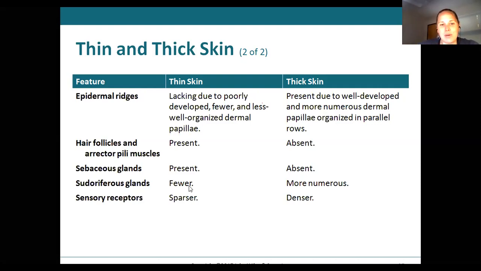Sudoriferous glands are fewer in thin skin, more numerous in thick skin, and sensory receptors are sparse in thin skin and dense in thick skin. So again, in your fingertips and your toes, you can use your fingertips to interpret sensory information. So it's important you have a lot of those pressure sensors present in the tips of your fingertips.